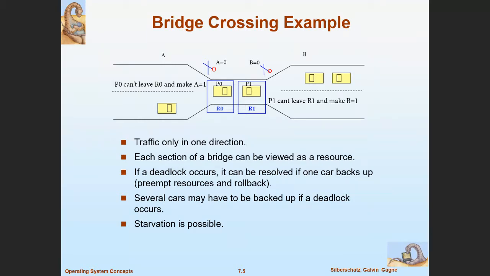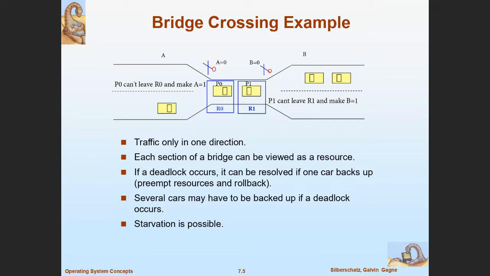So when those two cars, two processes, enter their resources, of course, the semaphore is closing behind. Now, in order for other cars to enter, it has to be set to 1. But they cannot advance. So we have traffic in only one direction.